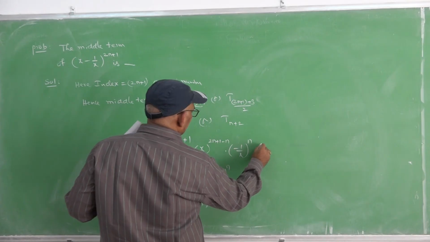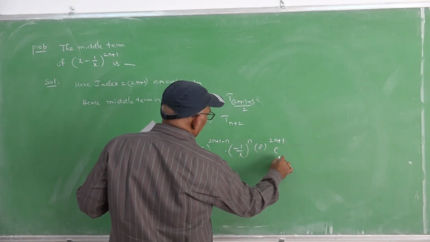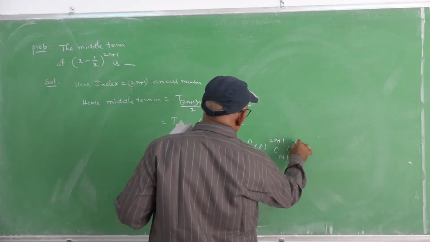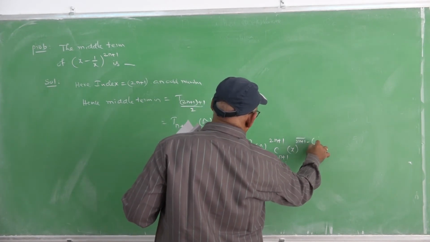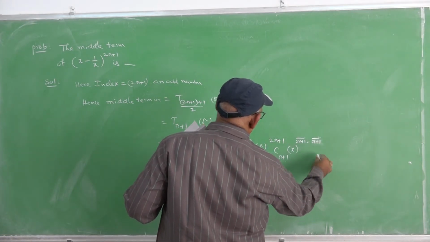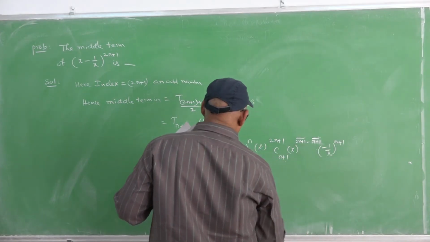In this case, 2n plus 1 c n plus 1 x power 2n plus 1 minus of n plus 1, of course, into minus 1 by x whole power n plus 1.